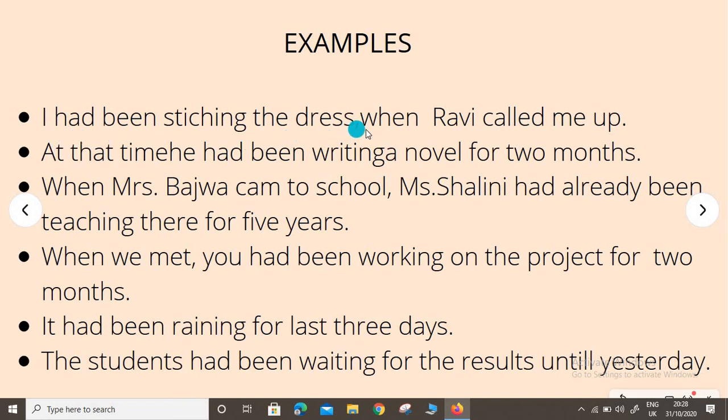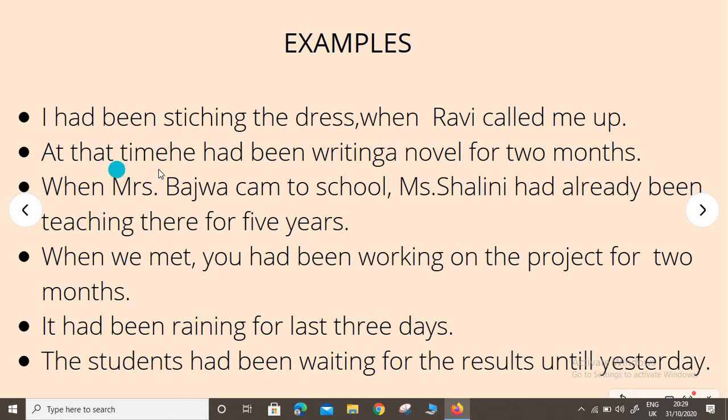I had been stitching the dress when Ravi called me up. So this is referring to I had been stitching at the time of speaking. At that time, he had been writing a novel for 2 months.